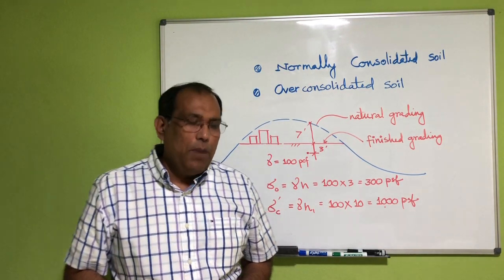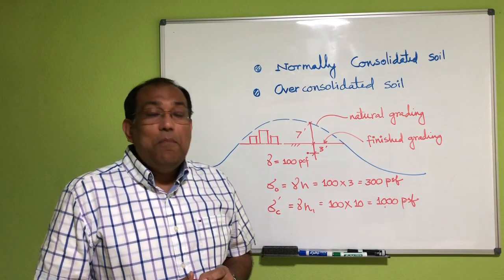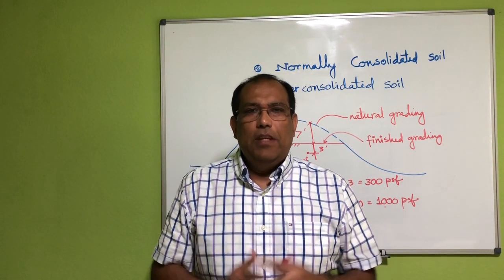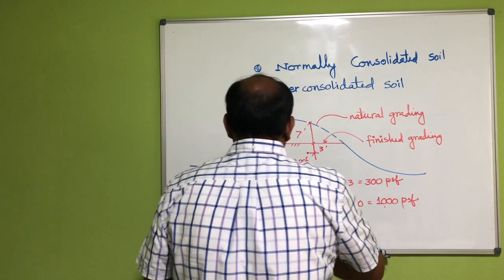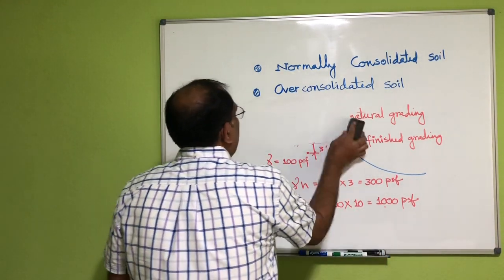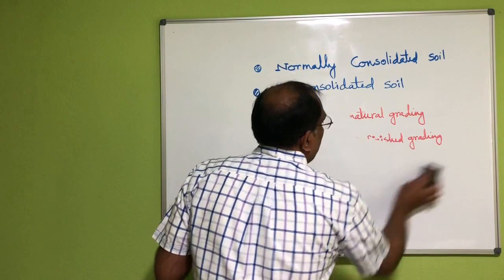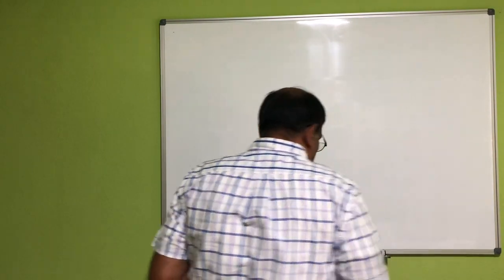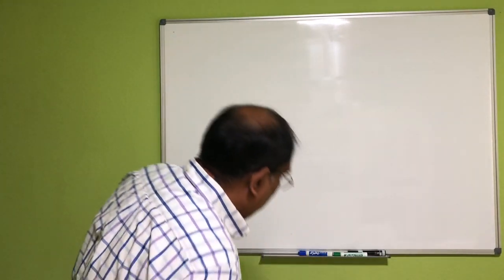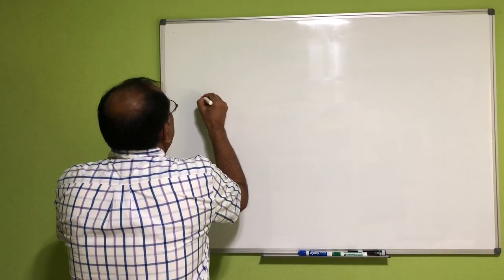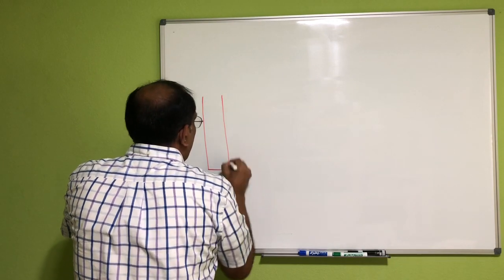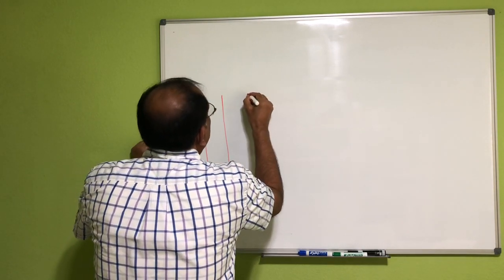Now let's talk about what this means in terms of compressibility. Let me show you an example here. Let's say I took two soil columns.